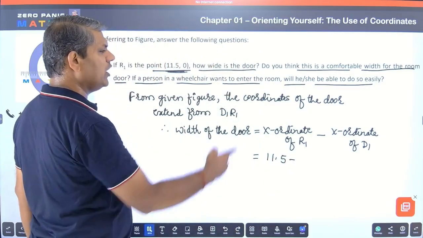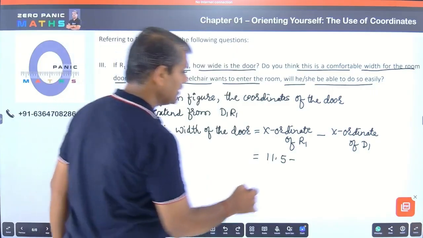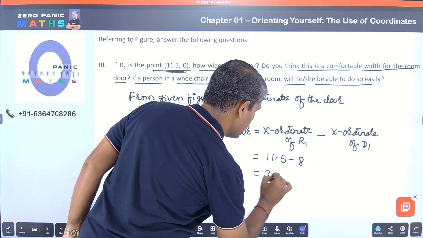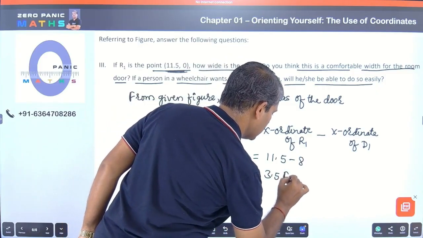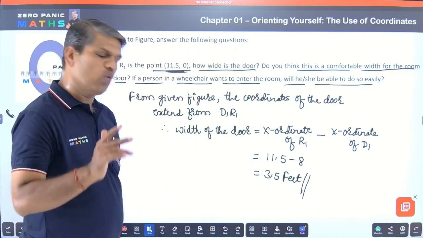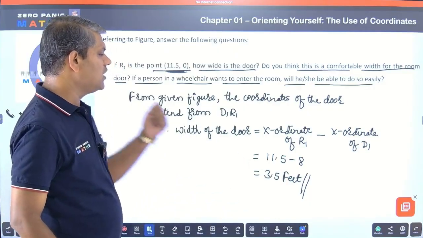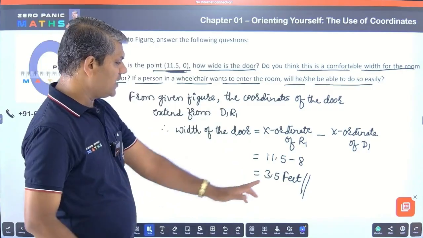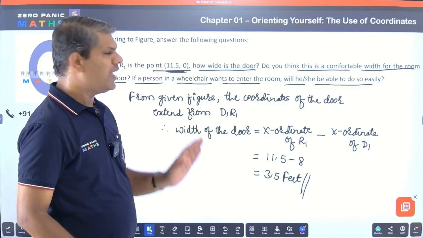And what is x coordinate of D1? We have already seen, that is 8, right? So it is 3.5, because the scale we have considered is 1 feet is equal to 1 unit. It is 3.5 units. So the width of the door to that room is 3.5 feet. Okay, so this is the answer.